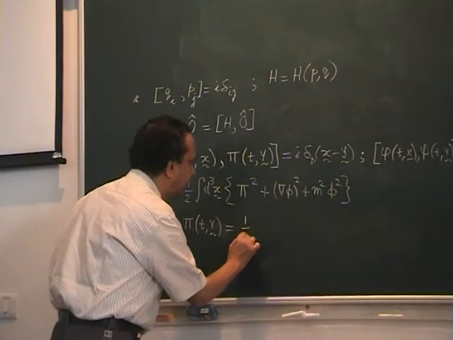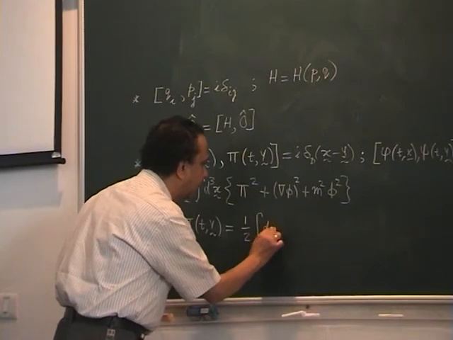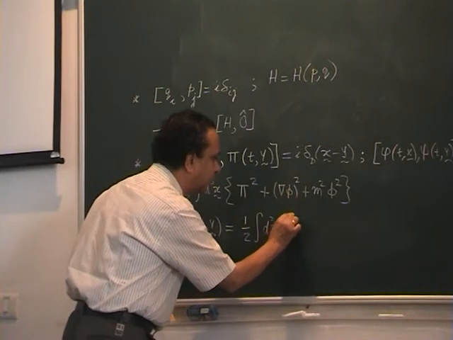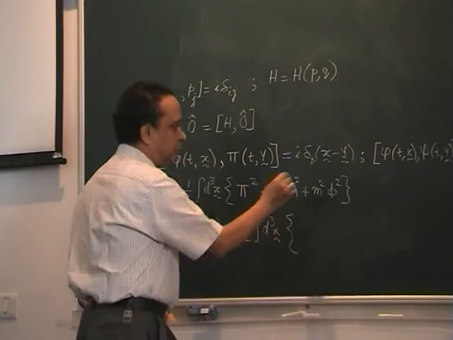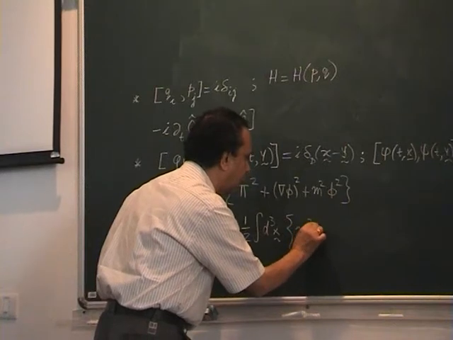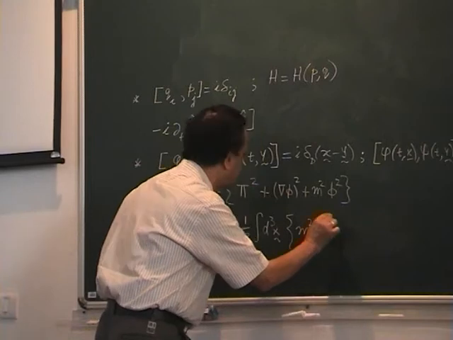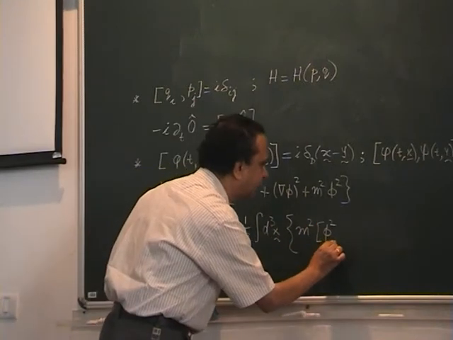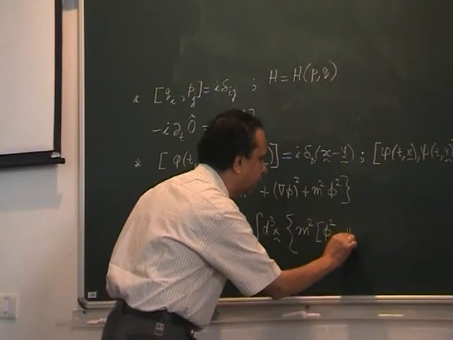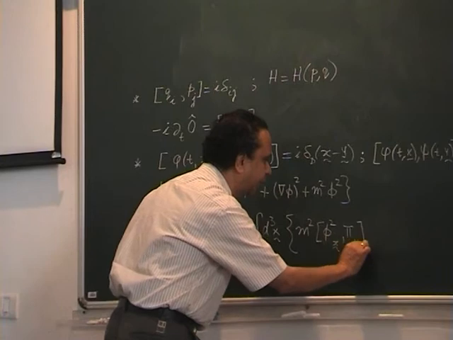So you have half integral d3x. There are going to be 2 terms. First term is m square commutator of phi square. Just to make sure we understand what is involved, phi square is at x with pi at y. I'll just use a condensed notation like this.